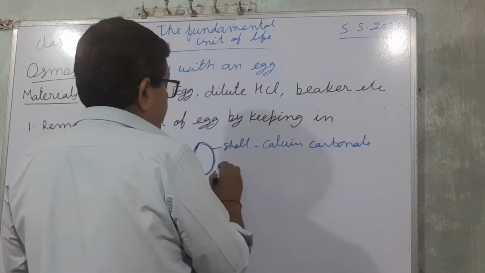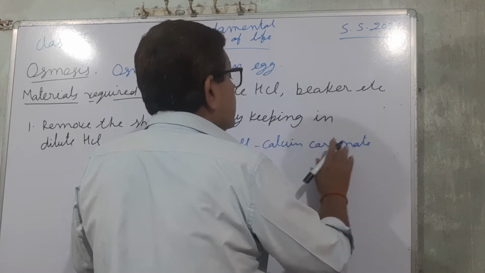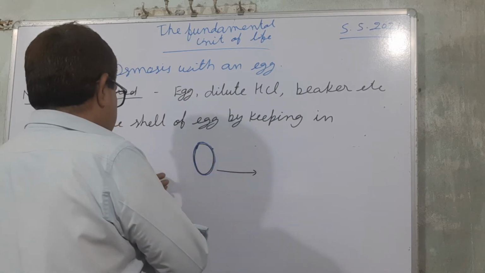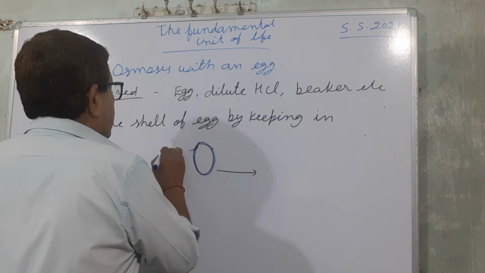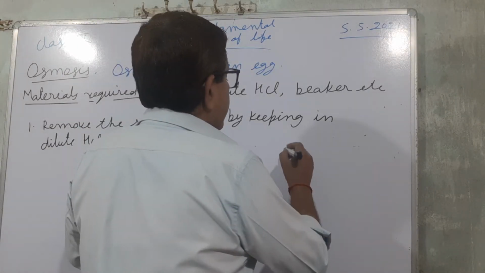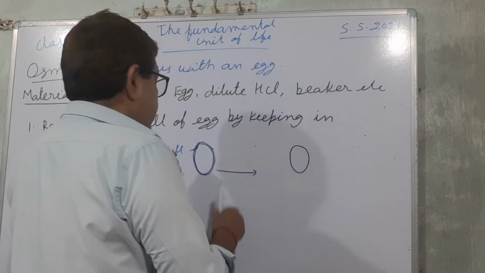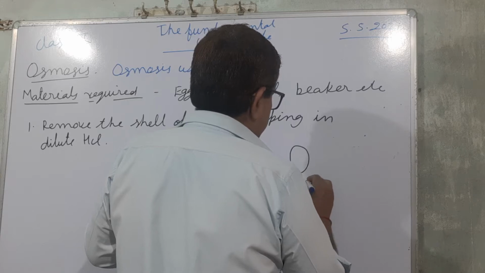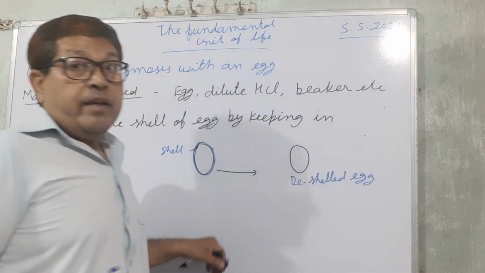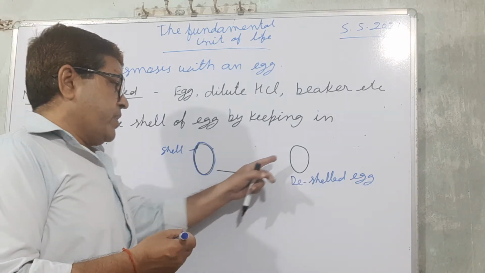So after removing the shell, we can write here: this side is the shell, and when it is removed, it is called the decelled egg.